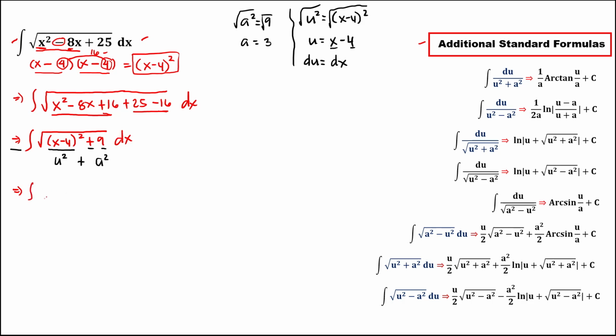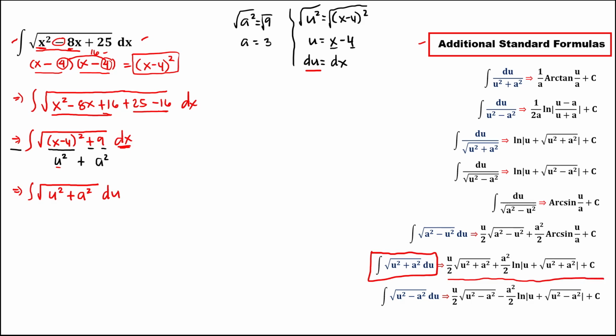So this becomes the integral of the square root of the quantity x minus 4 to the power 2, which is equal to u squared, plus 9, which is equal to a squared, and dx is equal to du. So we have now the standard formula. Then this is now the integral.